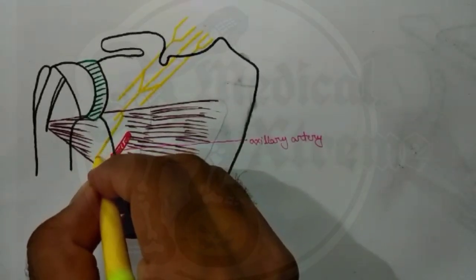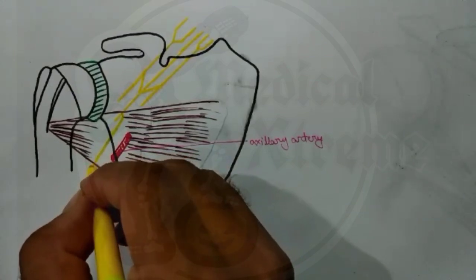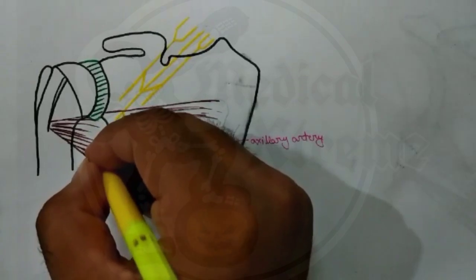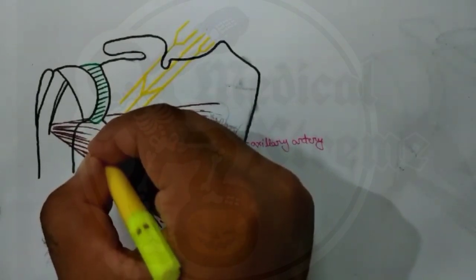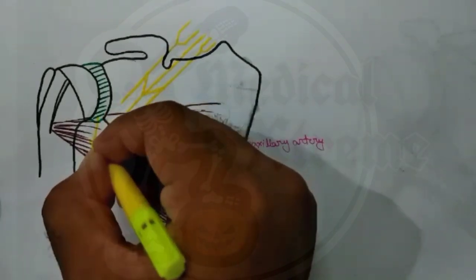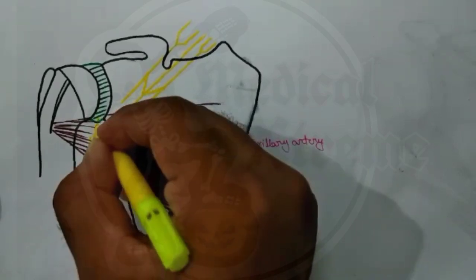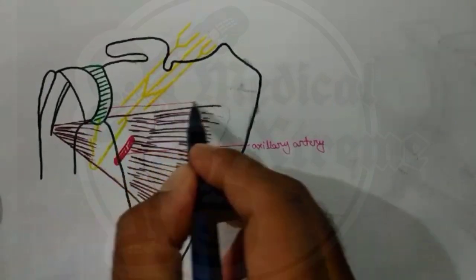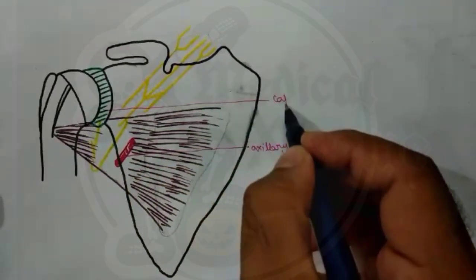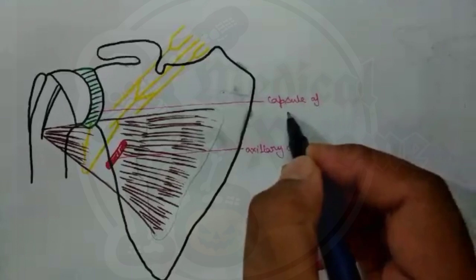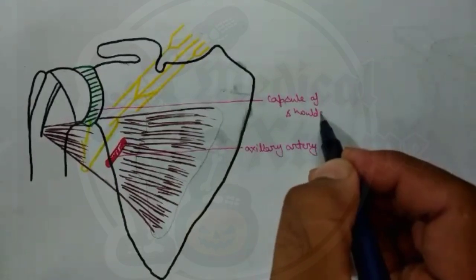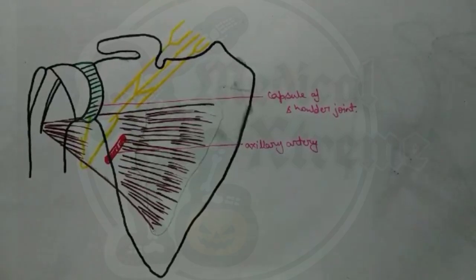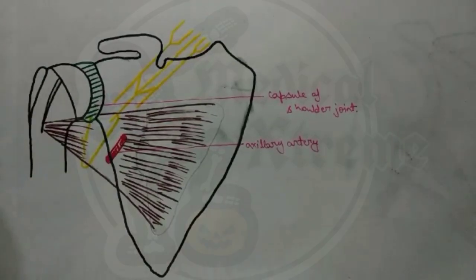This axillary nerve winds around the lower border of subscapularis muscle and before entering into quadrangular space gives a branch to the capsule of the shoulder joint. This is capsule of shoulder joint. This is the course of axillary nerve in lower part of axilla.